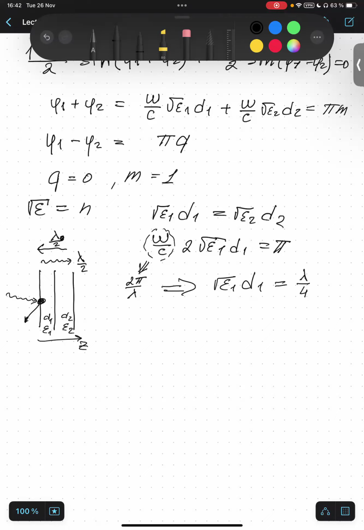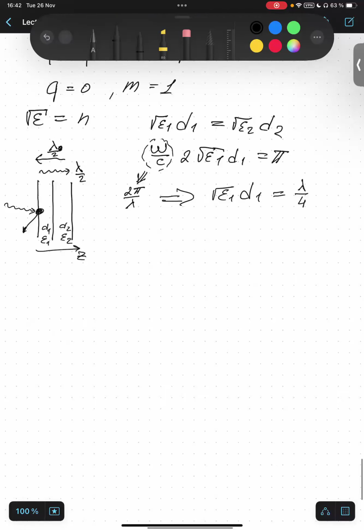And also, an interesting real case is Bragg mirrors. Maybe you know, they are widely used in different setups, different research. It's just a periodic photonic crystal with several layers, also d1 epsilon 1, d2 epsilon 2.